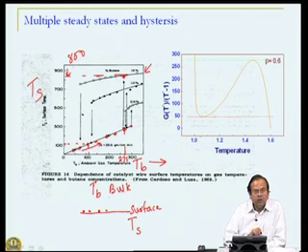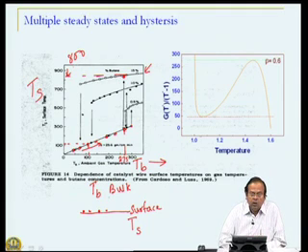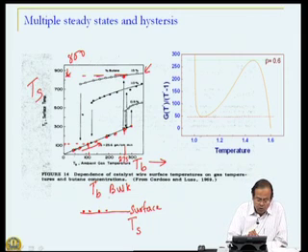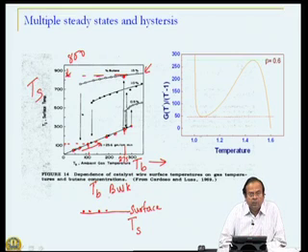So, what have we done? We have done a simple experiment where we took butane, we took catalyst in the form of wire and brought about the reaction, and then kept varying the bulk temperature. I started with a low bulk temperature of 50, I found my surface temperature is also 50, and so on. So, I got a set of solutions where surface temperature was almost the same as the bulk temperature.